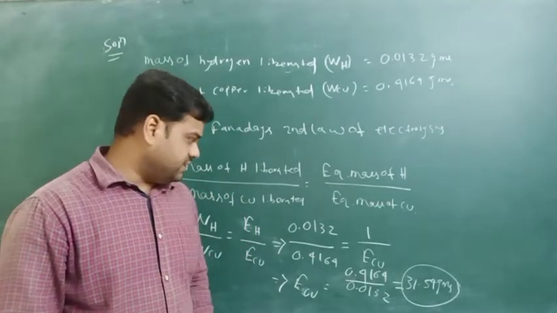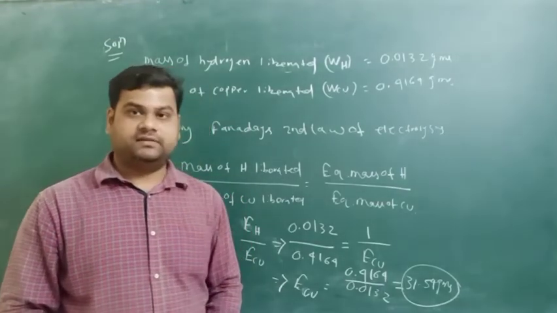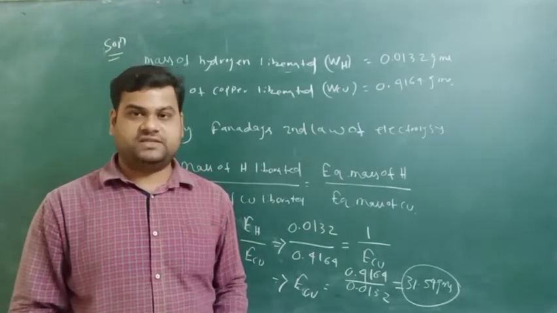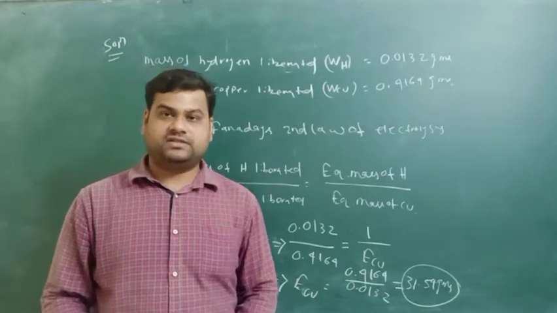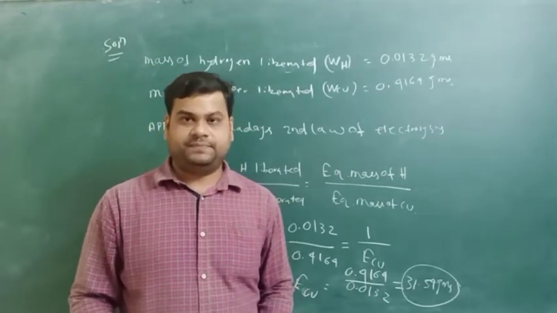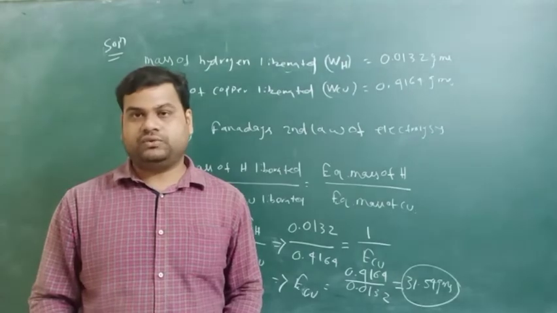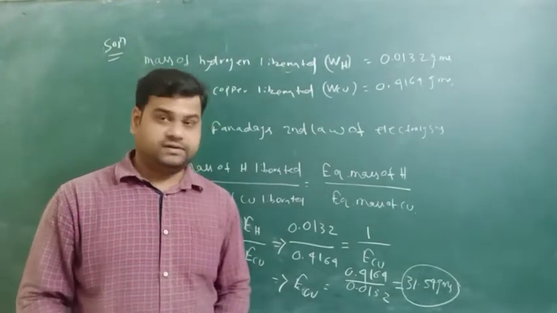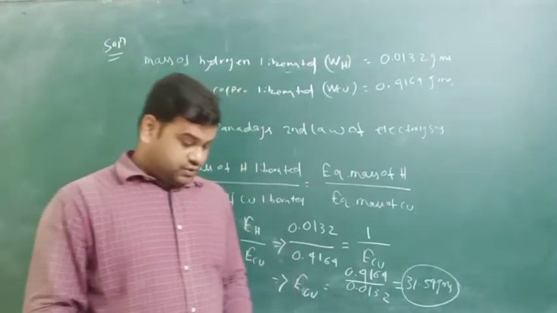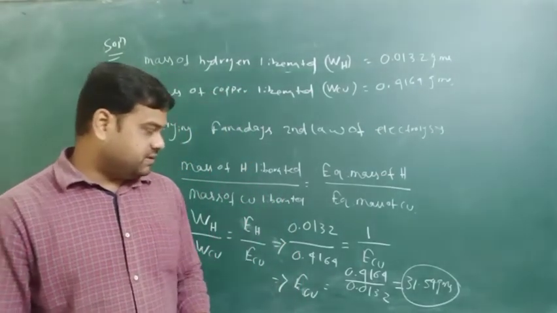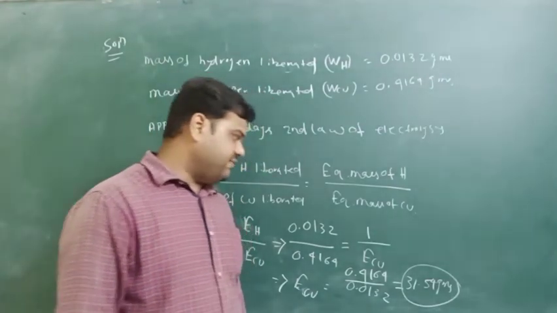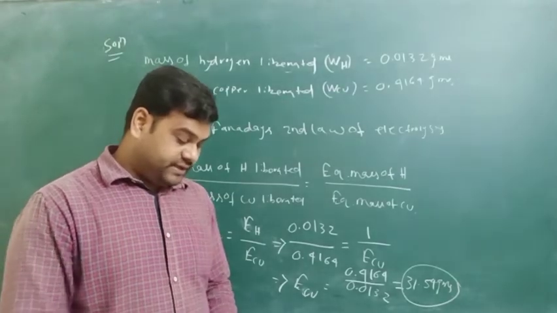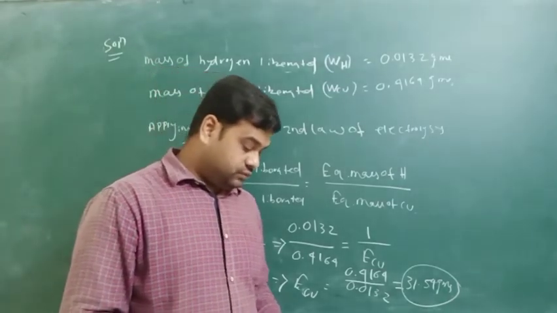We calculated the equivalent mass of copper by applying Faraday's second law of electrolysis, which is W directly proportional to E, meaning the ratio of the masses of the substances is equal to the ratio of their equivalent masses. The equivalent mass of copper is 31.54 grams. So let's move on to another numerical that is nearly equal to the first numerical.